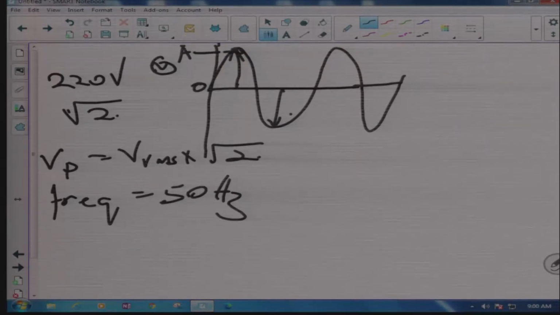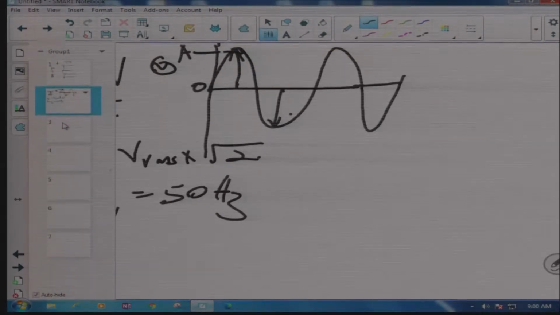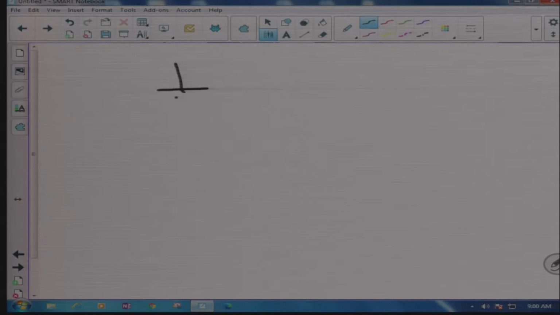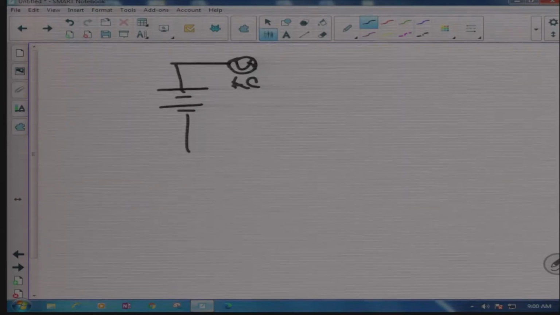Now, that on its own brings me to something. I'm going to have a look at where we combine AC and DC. When you have a circuit such as the one I'm going to draw now, this is your AC, and this is your DC.